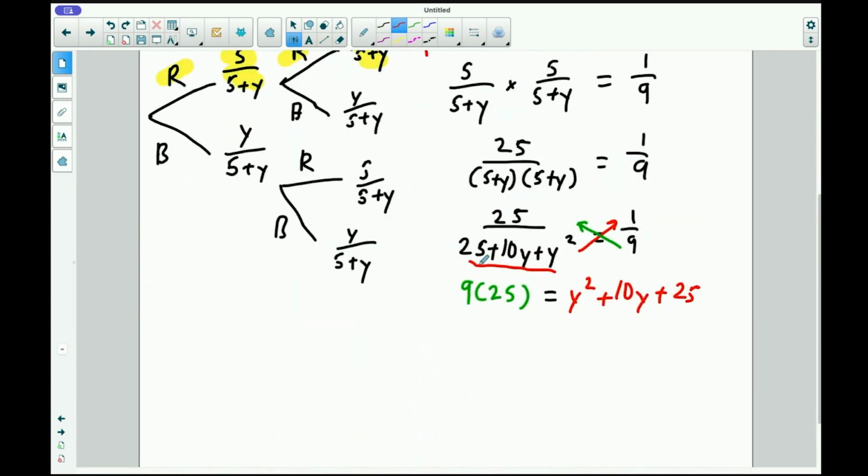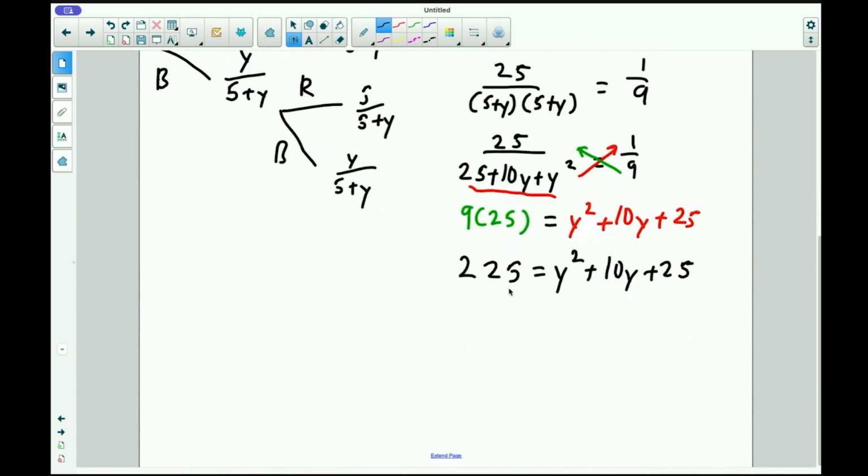Are we all good on why we're allowed to do that or why we're doing this? Yeah? Okay. So 9 times 25, that's going to be what? 4 times 25 is 100, 200, 225, which is equal to y squared plus 10y plus 25.